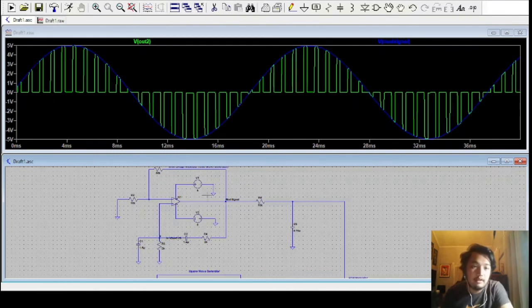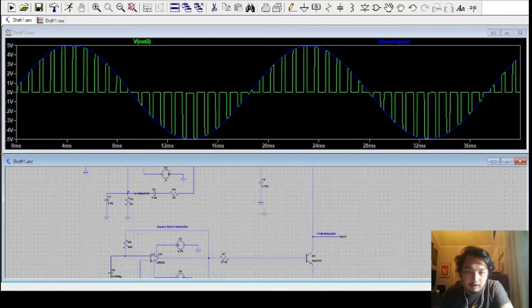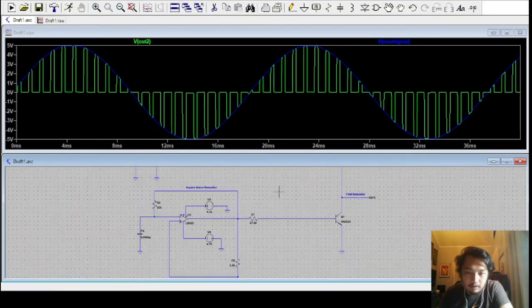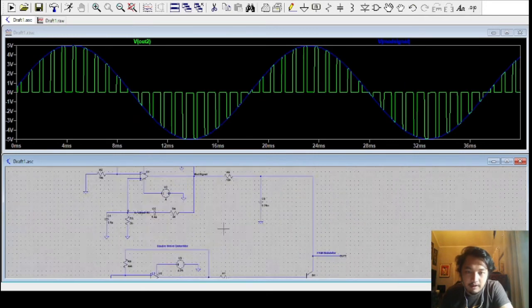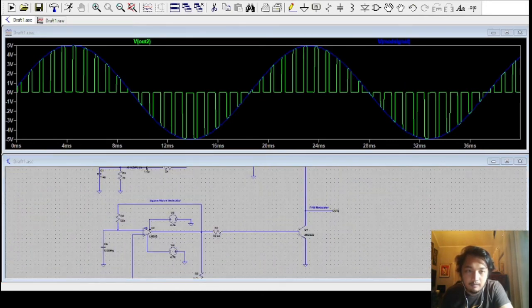So as we can see, the results of the PAM modulator, the peaks form into the modulating signal. So this means that it is a natural pulse amplitude modulated signal.